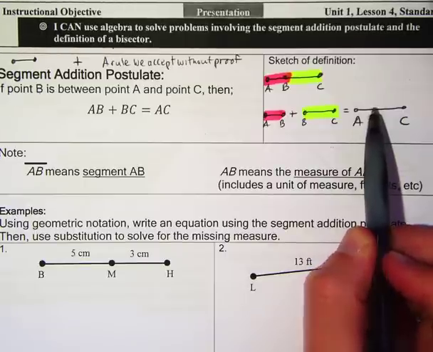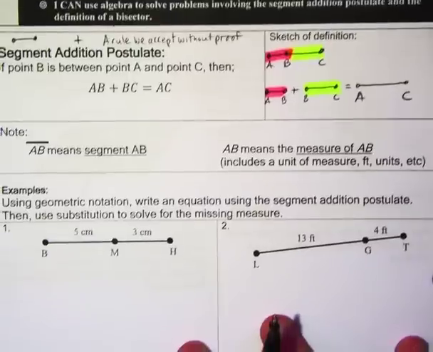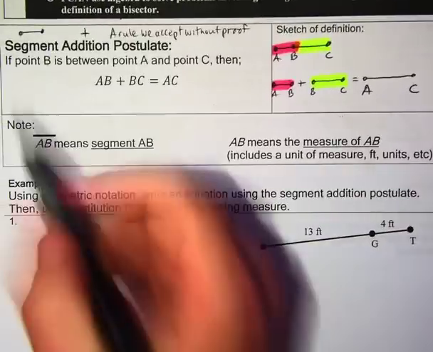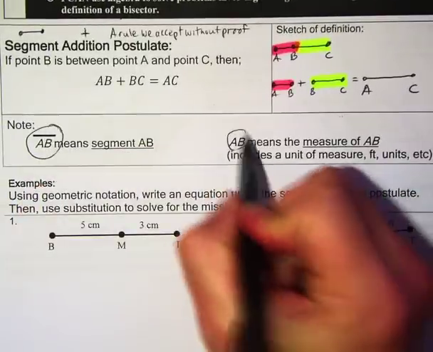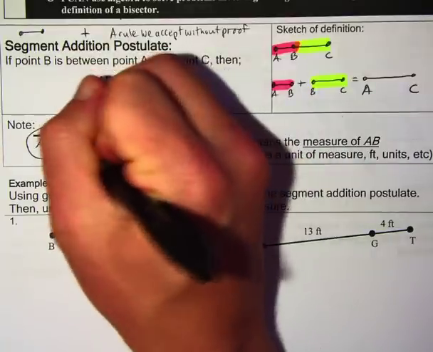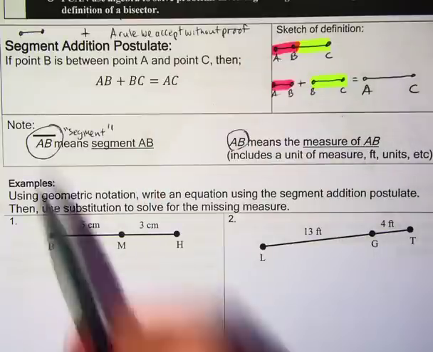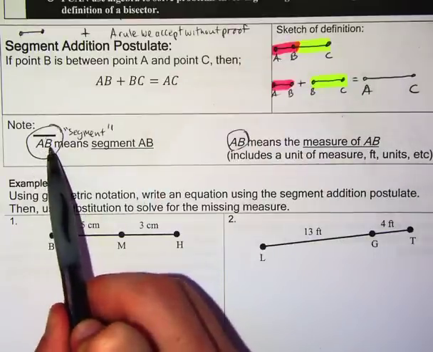Okay, makes sense. But let's talk about for a moment how we say this. This here is different than this here. When you see the bar, you speak the bar as the word segment. Segment AB. It's the name of it.